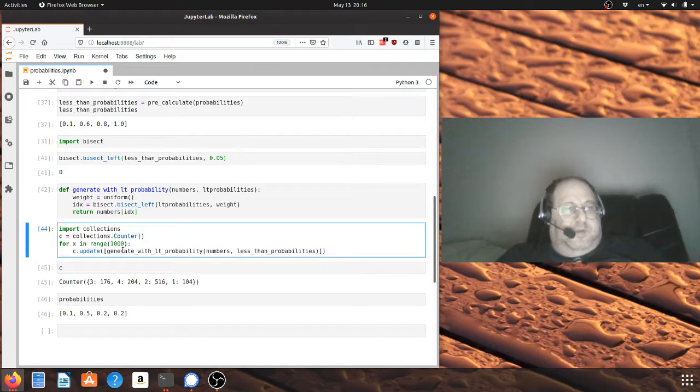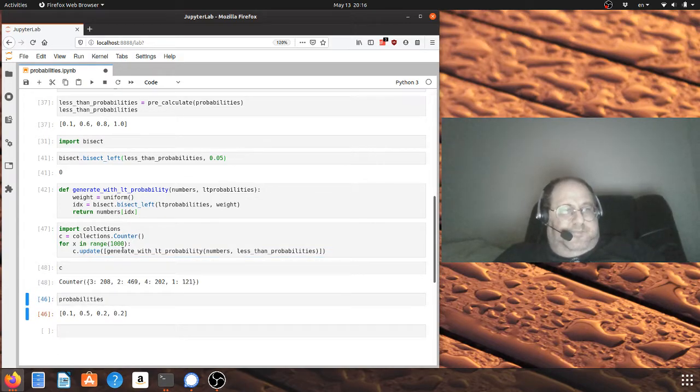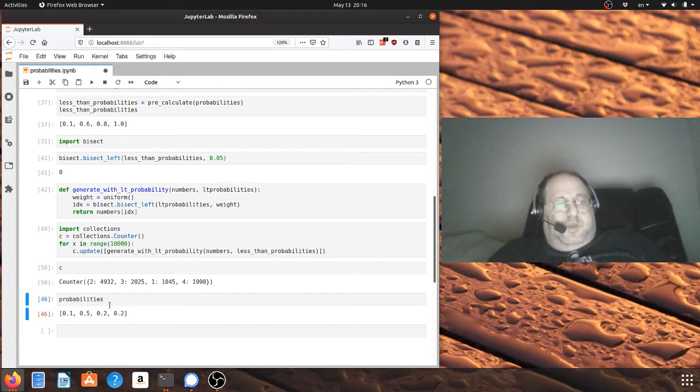So if we run it again, you'll see that it's less, and we can obviously run it for a little bigger and average things out a bit more. Now you see that it's even closer. This is close to half, this is close to 2000, 2000, 1000, right? So we still have the same overall probabilities.